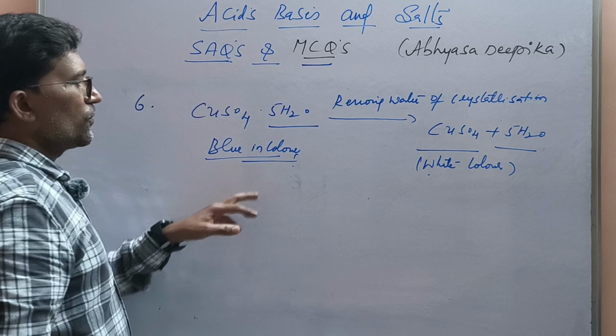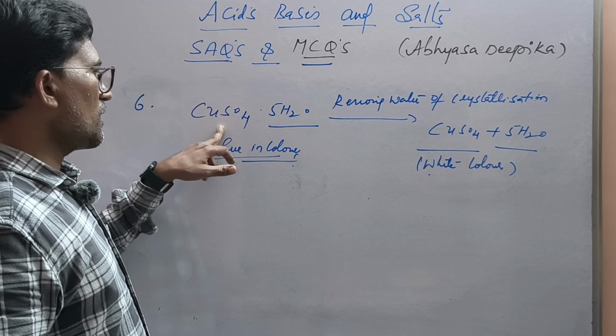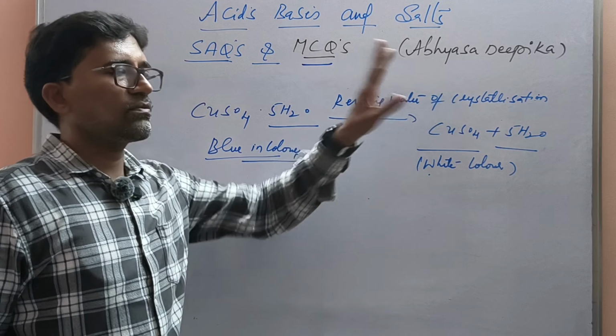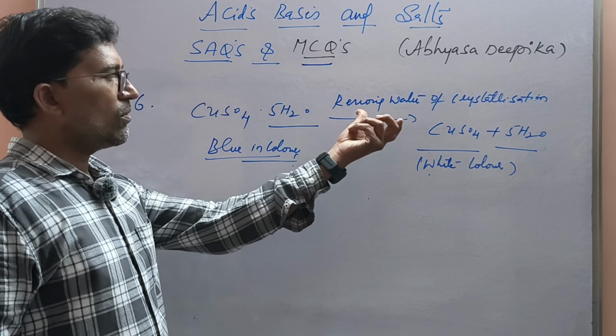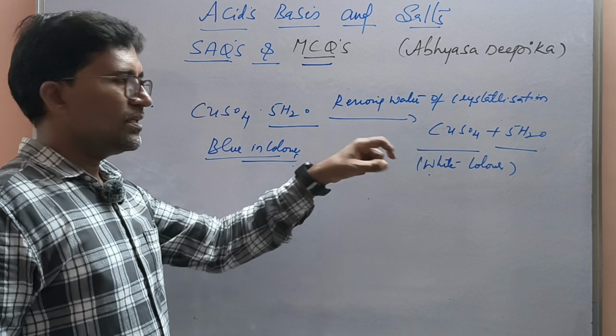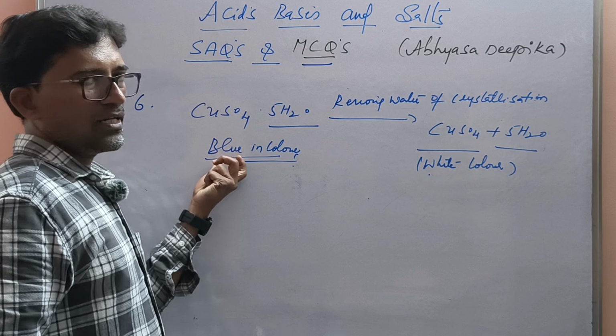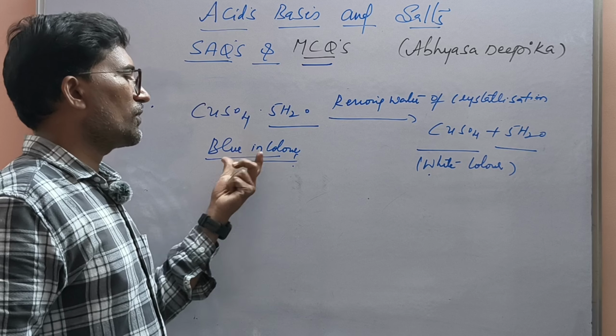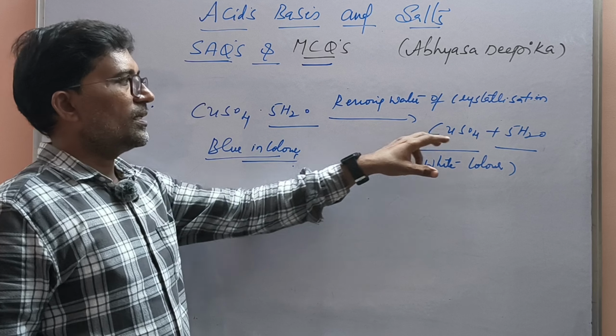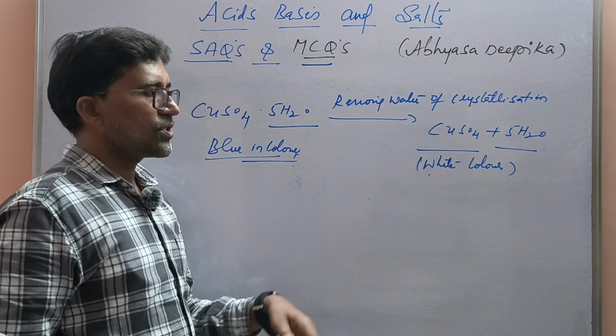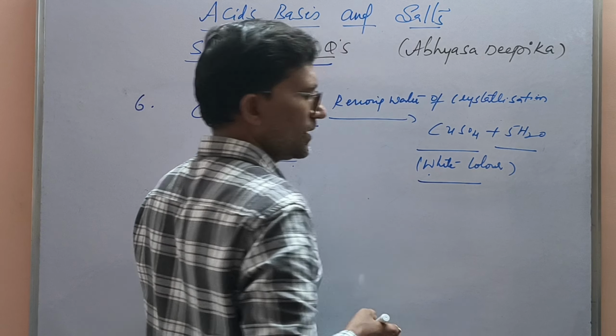If you remove the water molecules present in the copper sulfate salt, it is removing water of crystallization. Before that, the color of the copper sulfate salt is blue. After heating it, it loses 5 molecules of water, then the color changes into white.